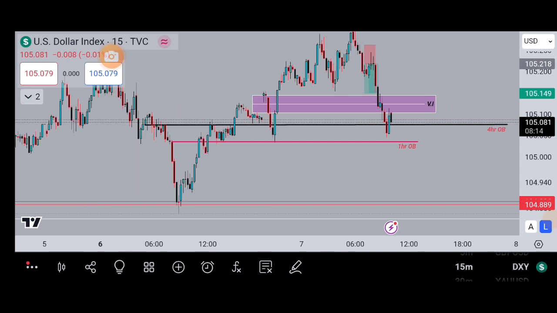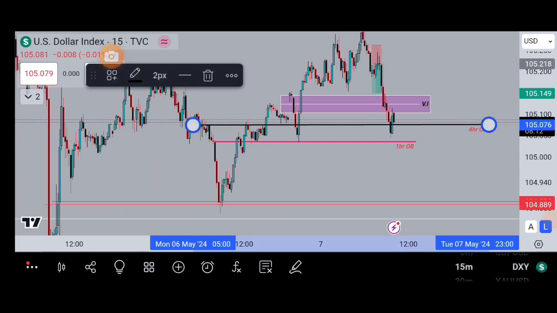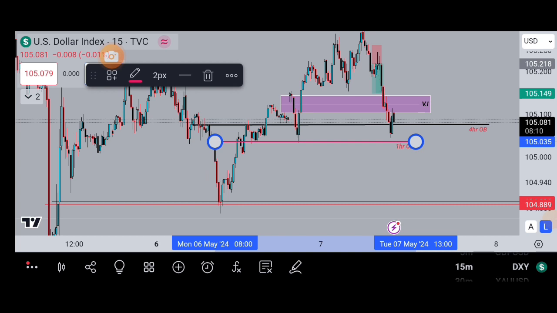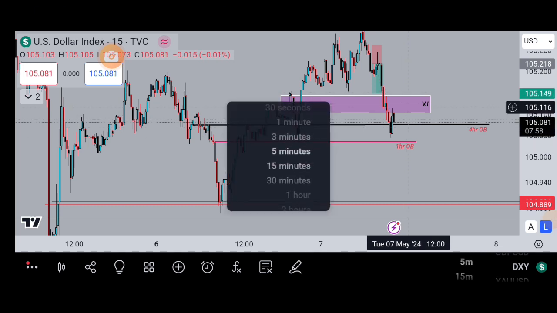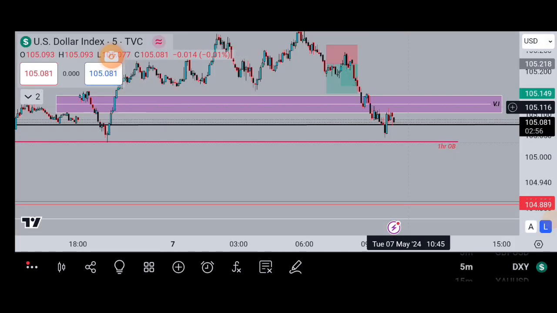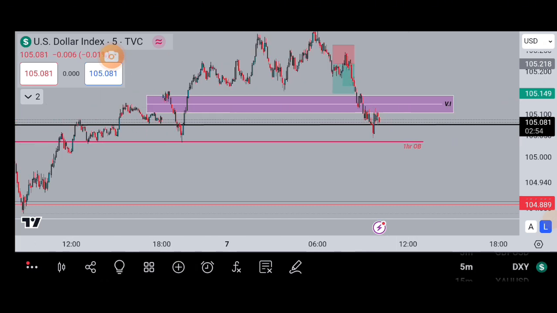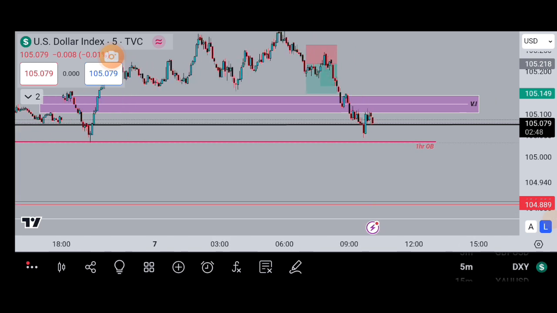But since we are on a key level, remember this 4 hour order block as well as this 1 hour order block that has relative equal lows, to me, I might anticipate a move lower, from which we can be looking for some buying opportunities. So over here, for now, let's be patient and see what will happen.